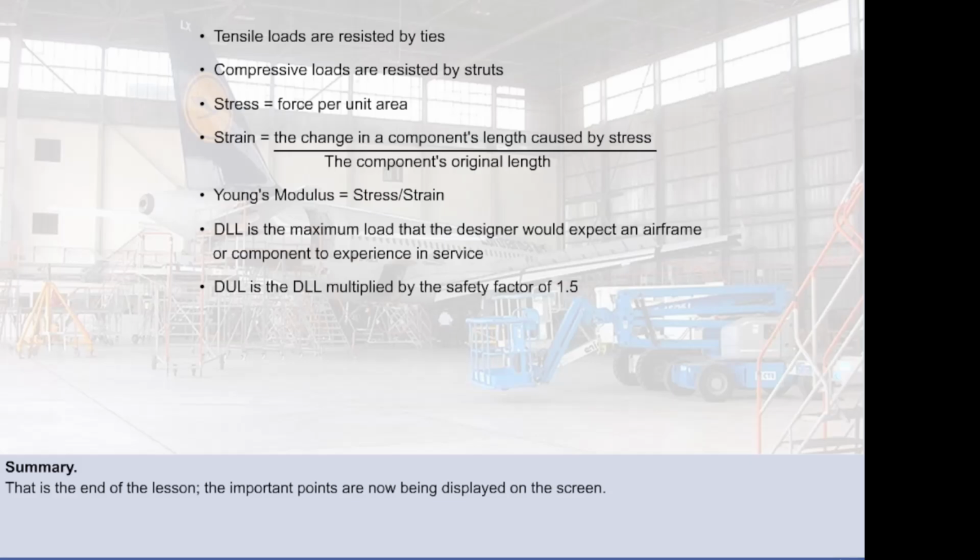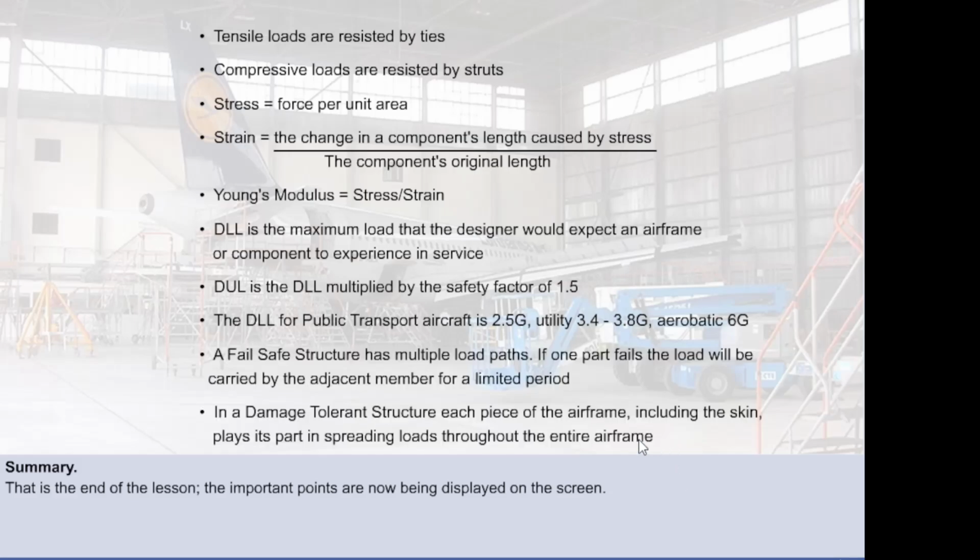And you should also understand the relationship between design limit load and design ultimate load, and the safety factor. You should also know what the design limit load is for various types of aircraft. And finally, you should understand the properties of fail-safe and damage-tolerant structures.